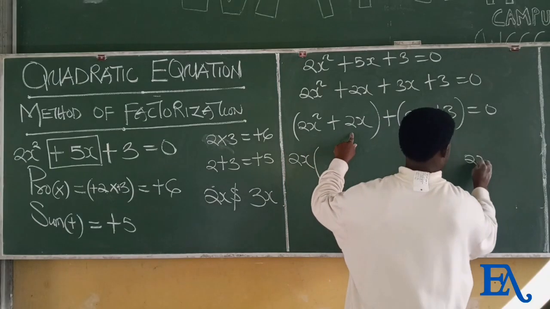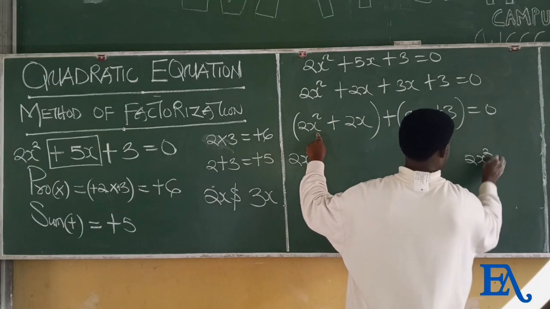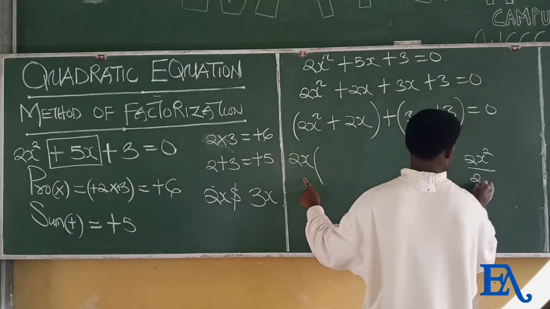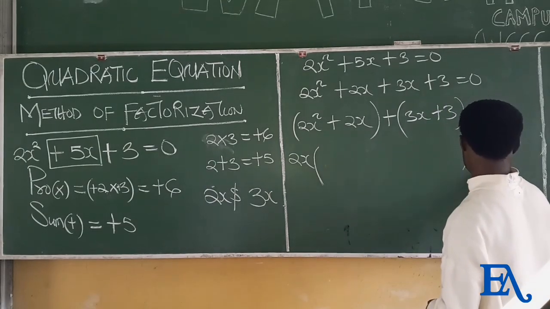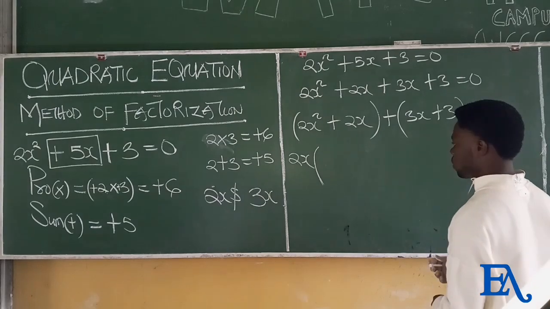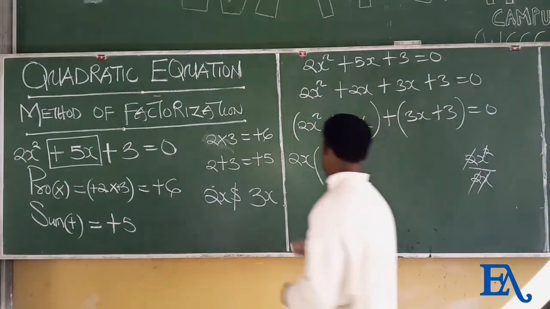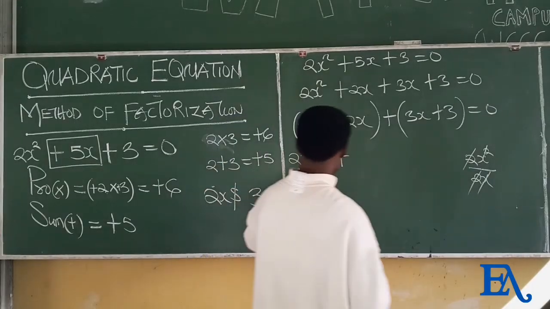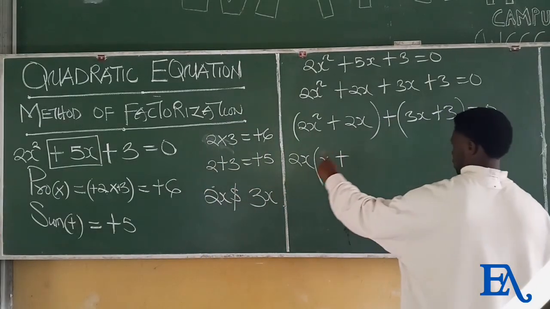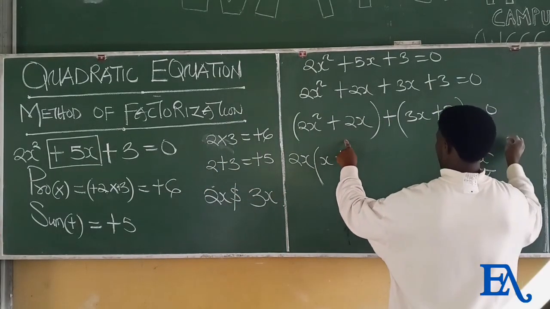If I divide 2x squared by 2x, 2 will cancel 2 and x will cancel x, and I'm going to be left with just x. Therefore, we have x.